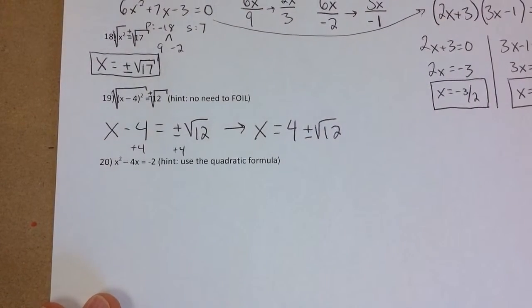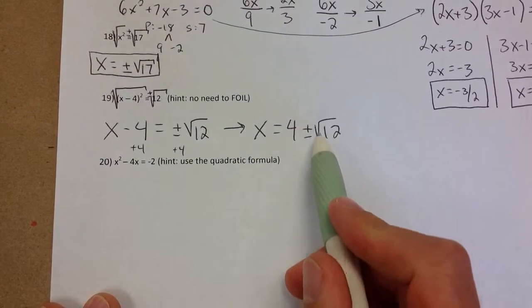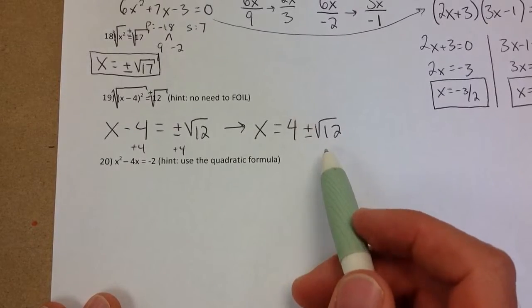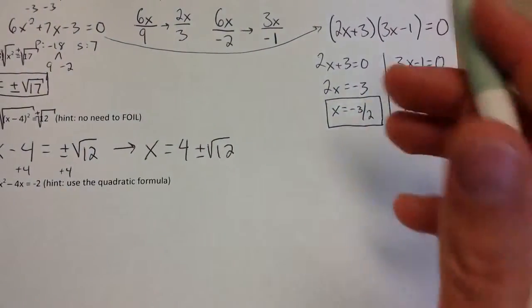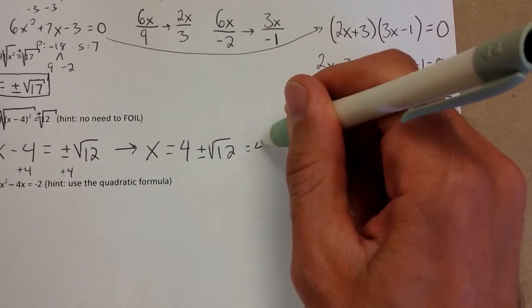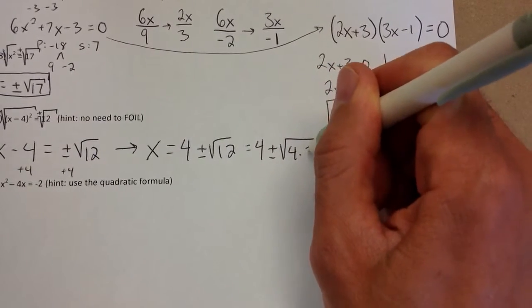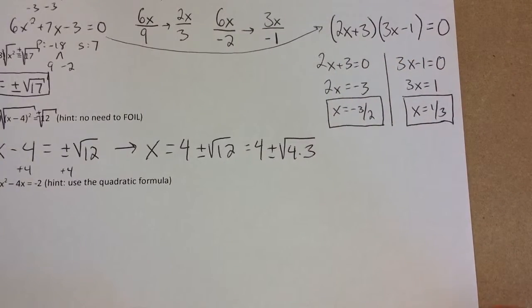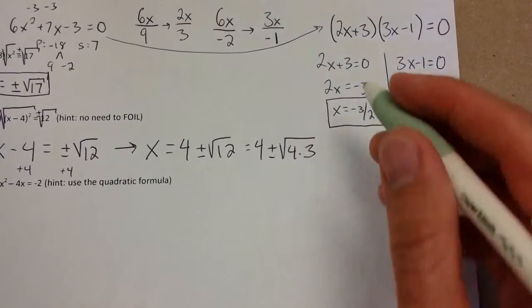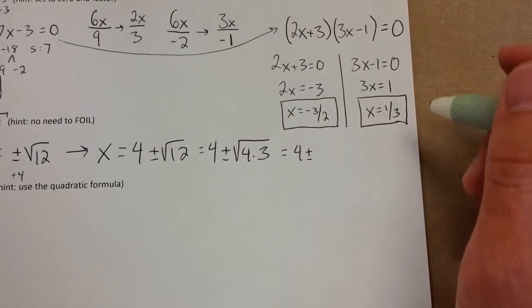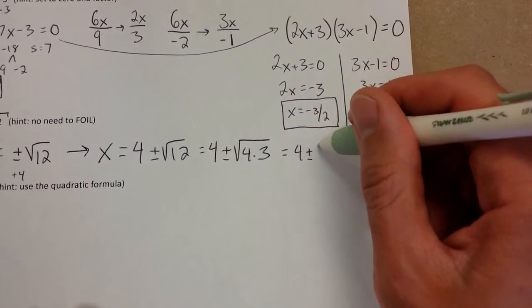Next, we want to leave it as a simplified answer. The square root of 12 can be simplified further because 12 has a perfect square factor in it, 4. So this is equivalent to plus or minus the square root of 4 times 3 as the radicand. The reason I wrote that is just so that you can see why this simplification works.